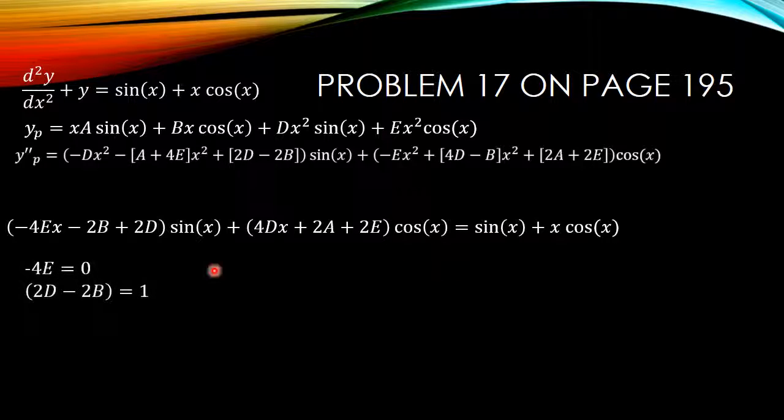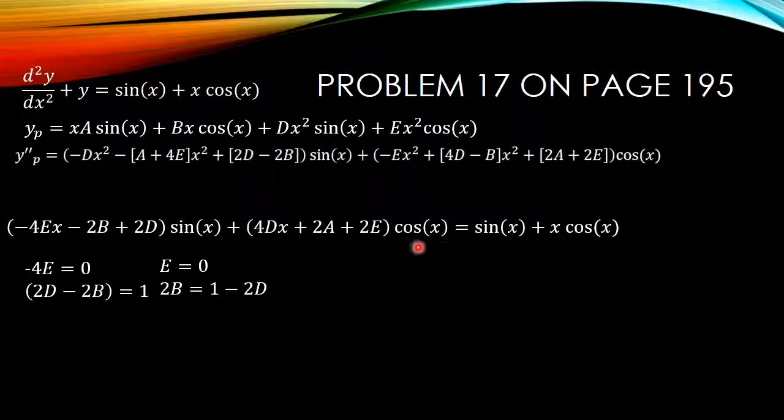There is no x term on the right-hand side, so that means minus 4e has to equal 0. And then minus 2b plus 2d has to equal 1. So that means e equals 0, and then 2b equals 1 minus 2d.